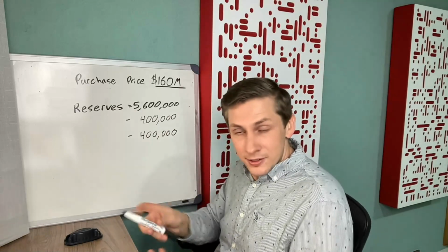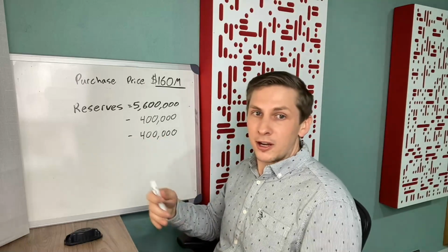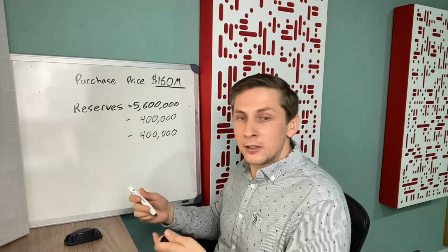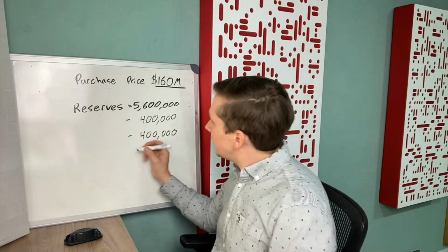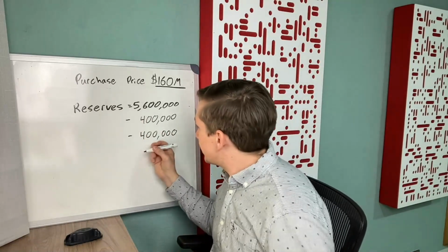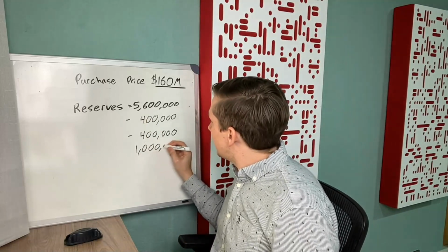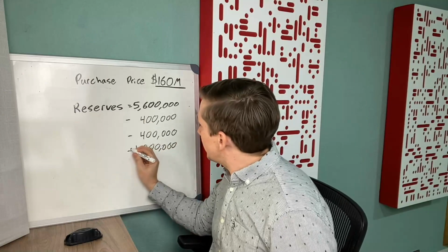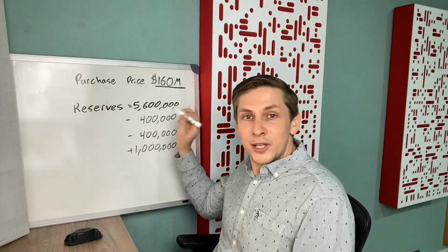But in the meantime, they've been drilling and trying to discover more ounces on their property, and they do some economic studies, and then they're able to convert some ounces into reserves. And then after 2 years, they've mined 800,000 ounces, but then they're like, hey, we were able to add 1 million ounces to our reserves, and now we actually have more reserves than when we started mining.